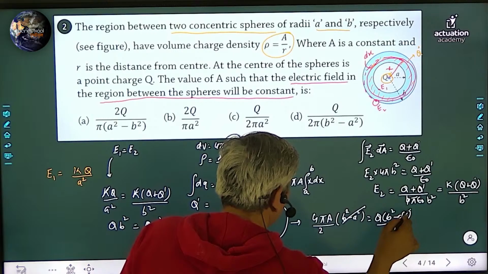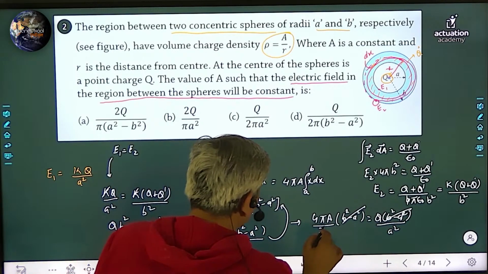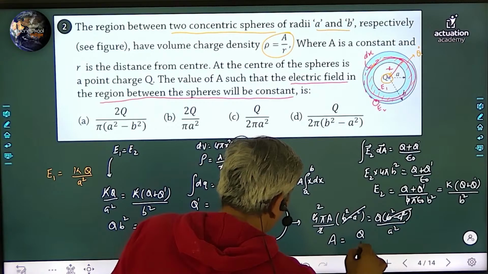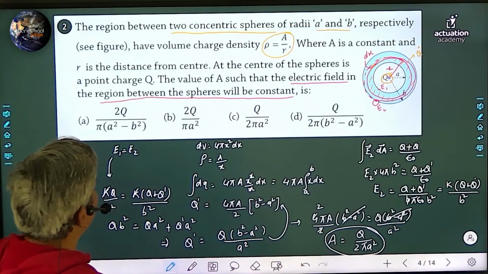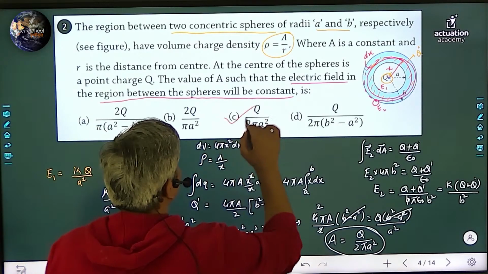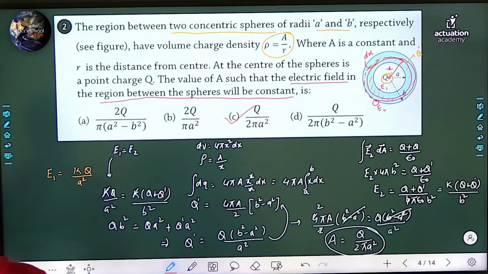Okay, b square minus a square will cancel out, 2 will cancel out. A will become Q divided by 2 pi small a square. Now from the given options, option C is matching this. So option C will be the right option.